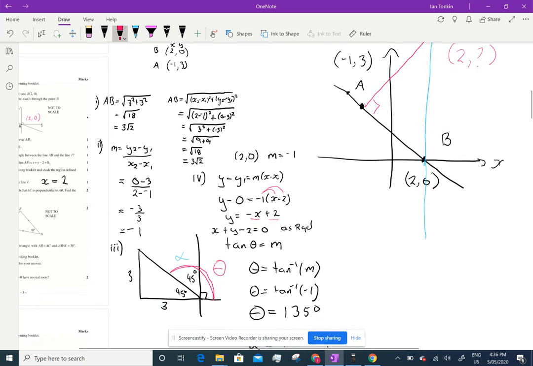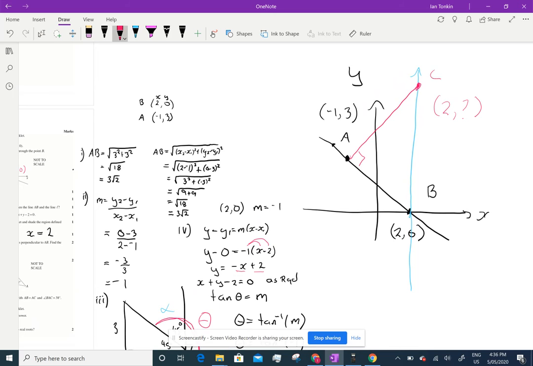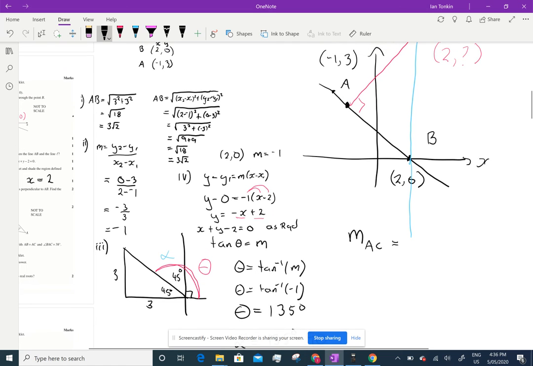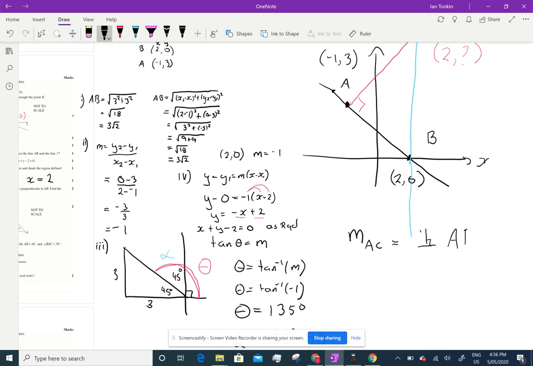Well, if it's perpendicular, the gradient of AC equals the negative reciprocal of the gradient. Because it's perpendicular to AB, it's a negative reciprocal.